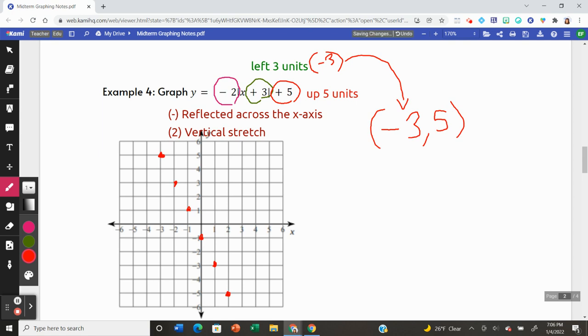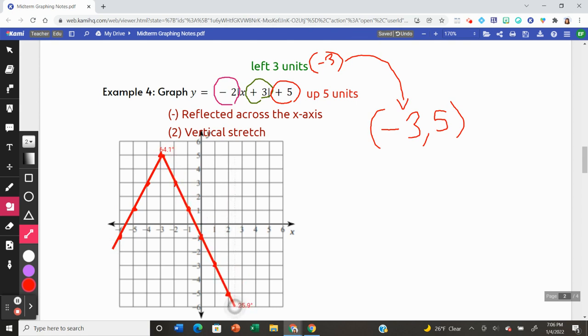And then do the same deal in the opposite direction. Start back up at our vertex. I'm going down 2 over 1 to the left. And again, and again. Using that straight edge. Nice straight graph with arrows at both ends.